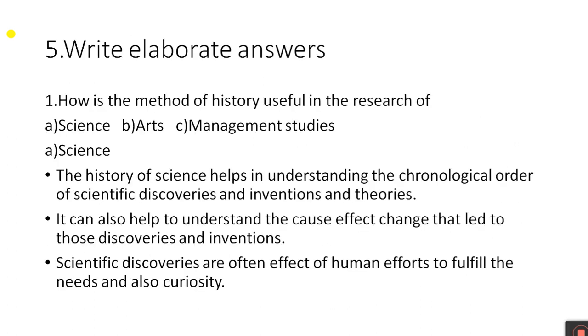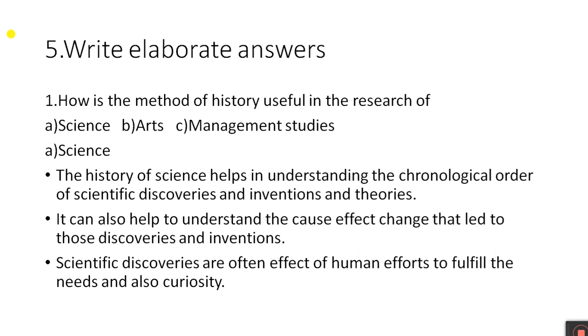Write elaborate answers. First one, how is the method of history useful in the research of science, arts, management studies? First one, science. The history of science helps in understanding the chronological order of scientific discoveries and inventions and theories.